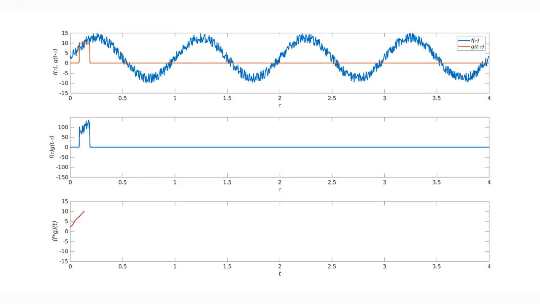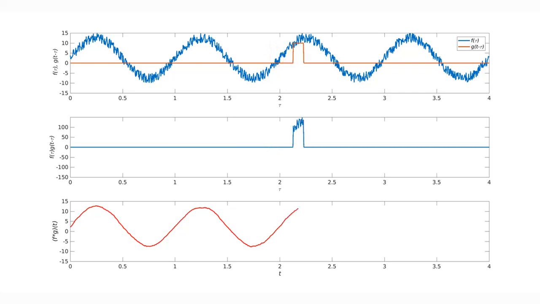So this animation shows how this convolution operation leads to smoothing of this function. Here my signal is shown in blue color and the rectangular pulse is shown in red color. The convolution operation involves first flipping this rectangular pulse, and because the rectangular pulse is anyway symmetric, the shape remains the same, and then we shift the rectangular pulse to a particular time t and multiply my function f and this rectangular pulse.